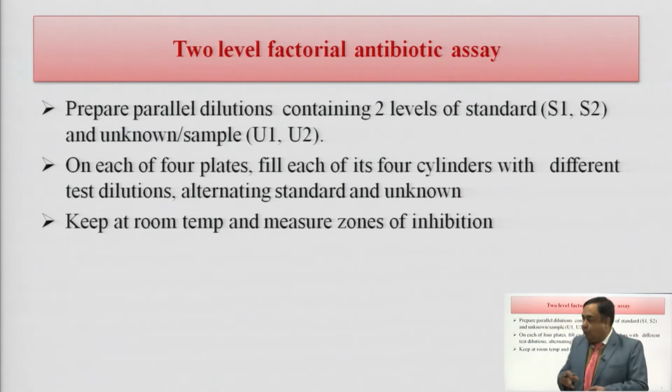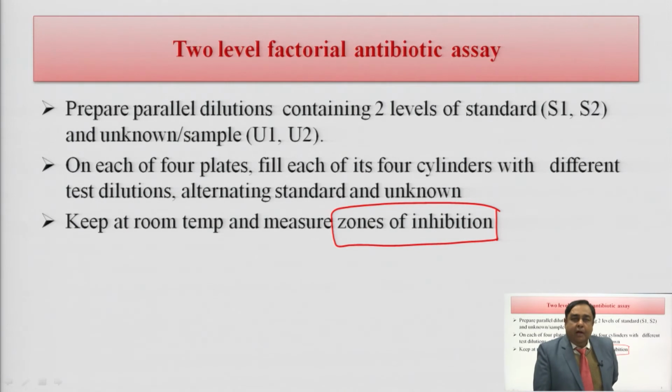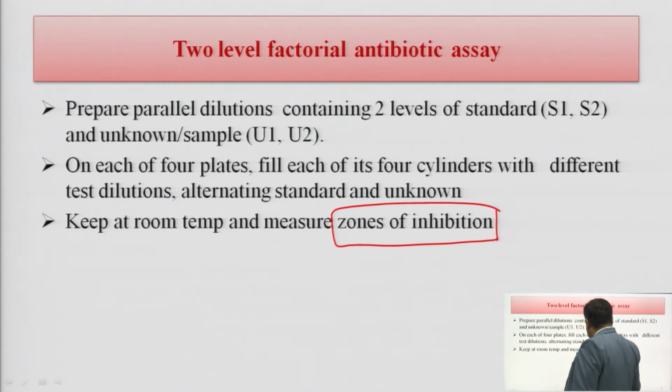And then we have to measure this zone of inhibition as produced by the two levels of standard S1 and S2 and two levels of unknown U1 and U2. Let us see what formula we adopt.